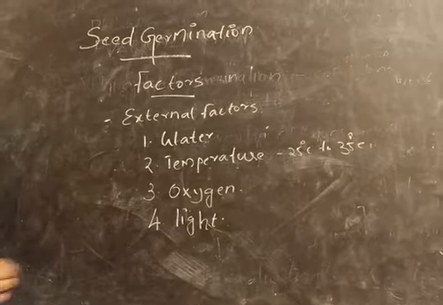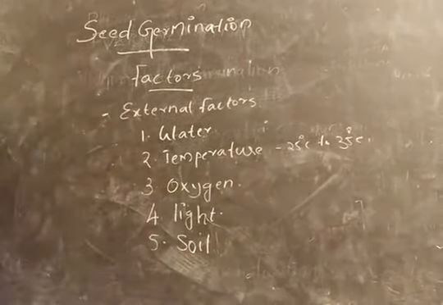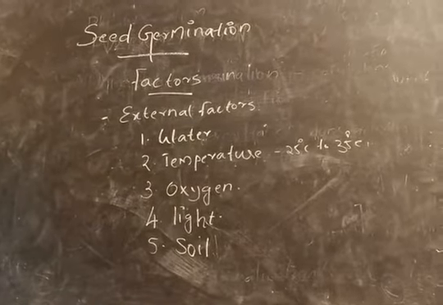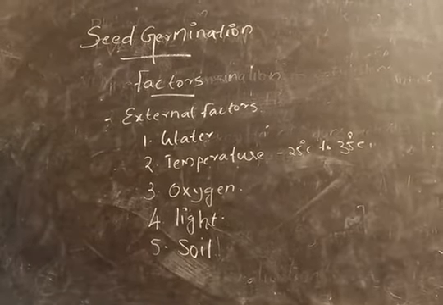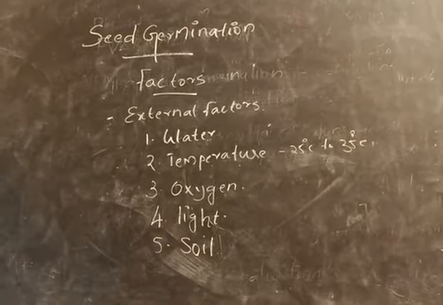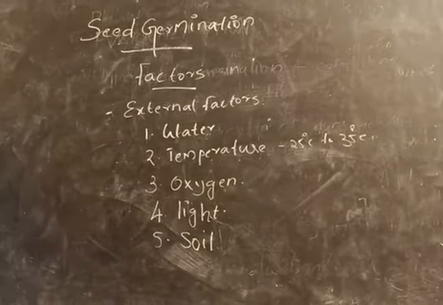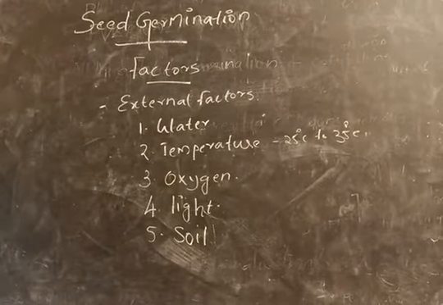Then the last one is soil conditions. Germination of seed in its natural habitat is influenced by soil condition. The rest of them can be influenced while we are performing some lab experiments.